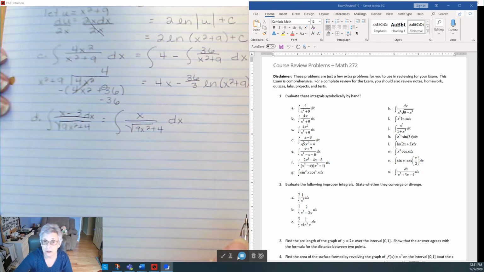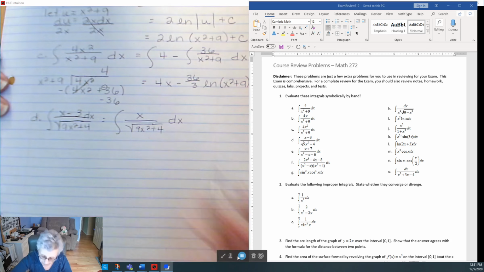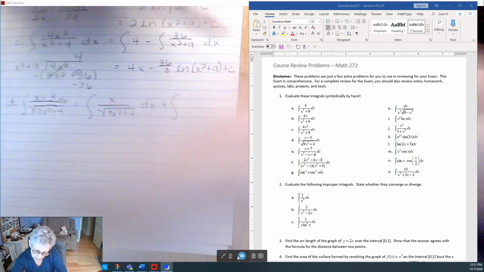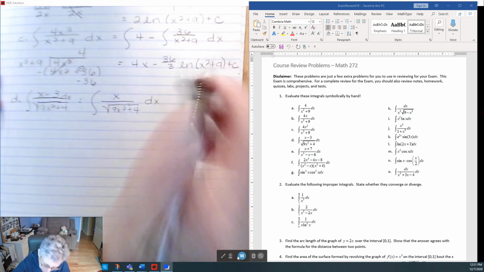That is something you can u substitute, because if you let u be the thing underneath the radical, magic. Then we have, and let's do it this way, put a minus in front.